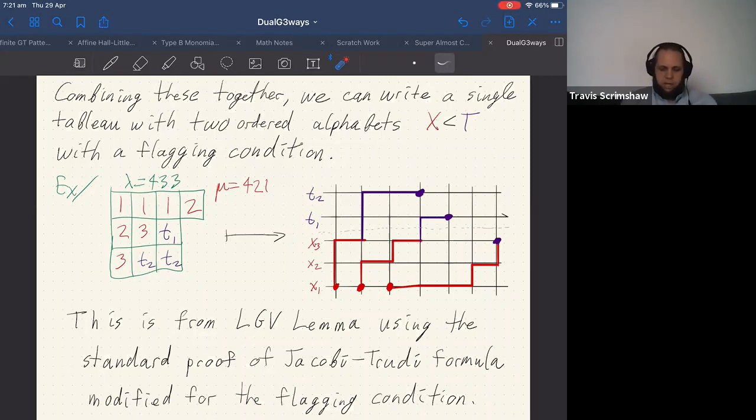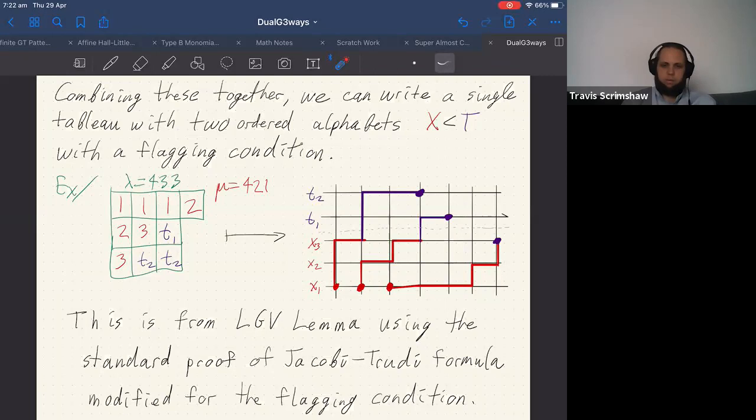But still, I can write this as a sum over semi-standard Young tableaux with the flagging condition. And we combinatorialists, being the we here, kind of understand how to transform this into a family of non-intersecting lattice paths. This is what's called the Lindstrom-Gessel-Viennot lemma, and it's the standard proof in combinatorics to write a Schur function as a determinant of elementary symmetric functions, which is called the Jacobi-Trudi formula.